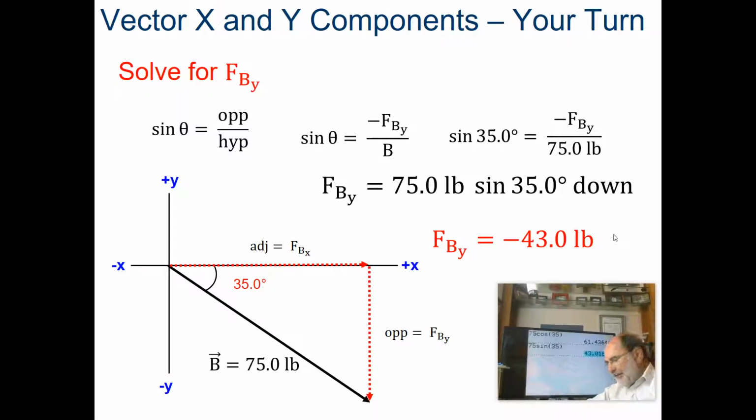So if you type in 75 pounds times the sine of 325 degrees, then on your calculator, I did it wrong. Okay, so 75 times the sine, let me clear this. All right, so 75 times the sine of 325 degrees, enter, and there's your minus sign, negative 43.0.